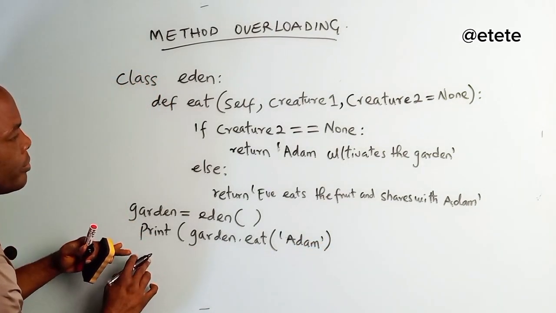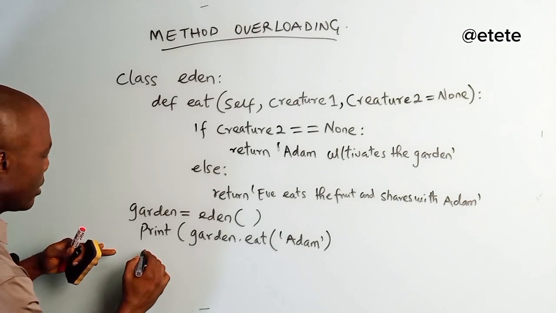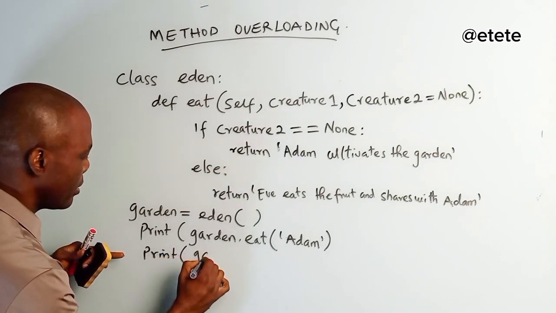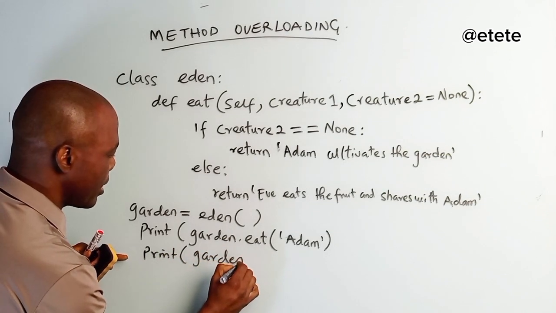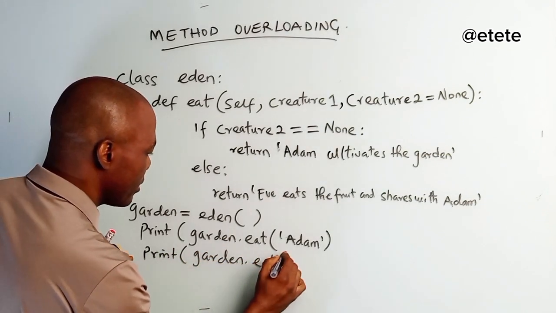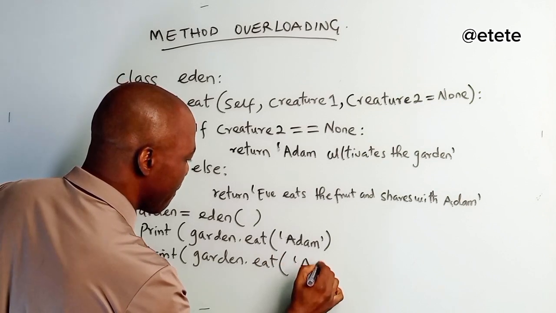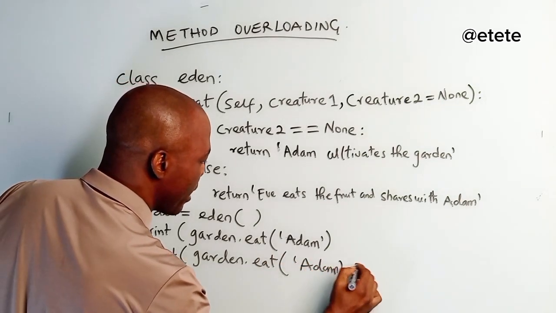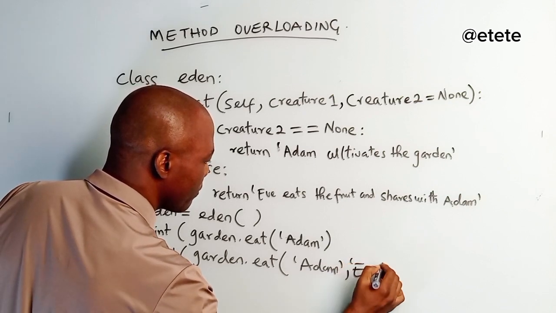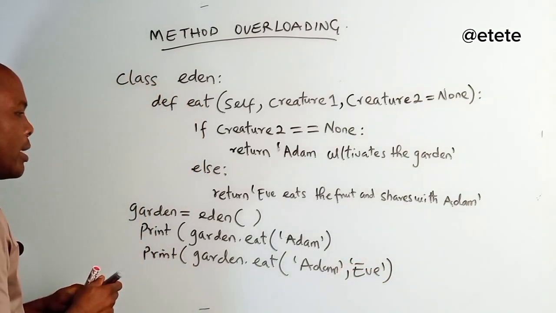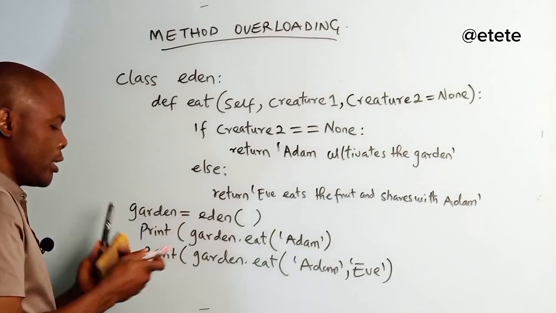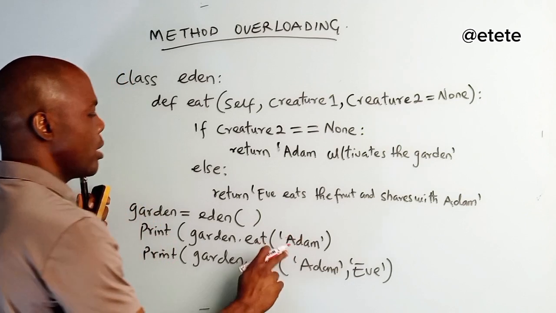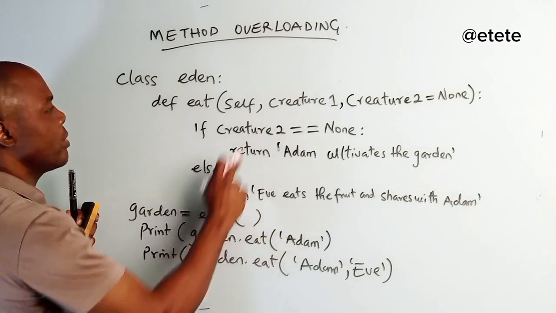While in this one, print garden dot eat. Then I'll supply Adam, and I'll supply if, right, to it.